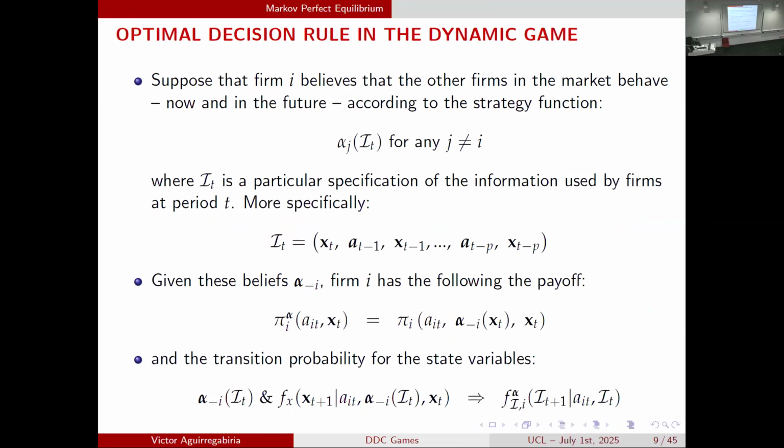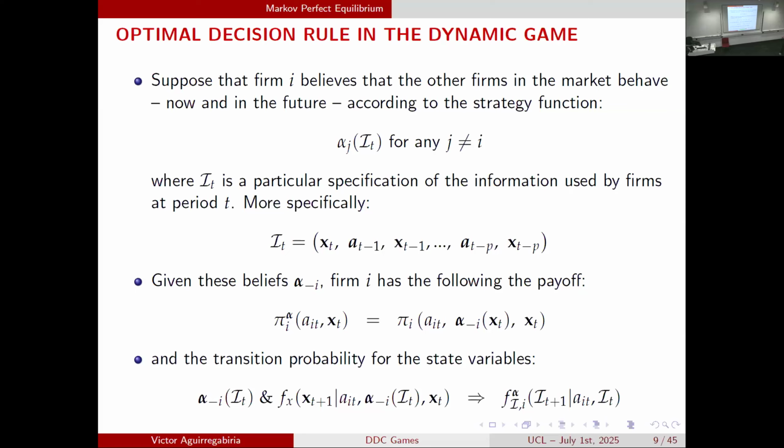Of course, the computational cost will increase when we increase the dimension of this calligraphic I vector, okay? And that is one, not the only one, but one of the reasons why we are going to focus, or the literature has focused, on Markov perfect equilibrium.